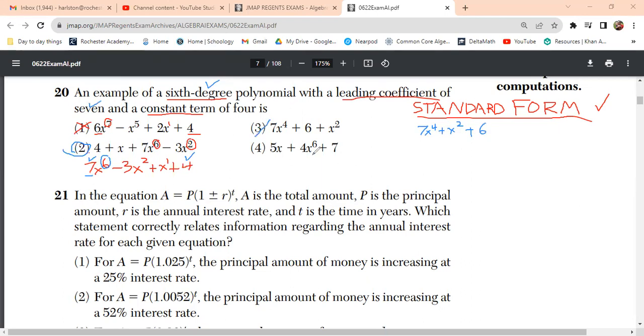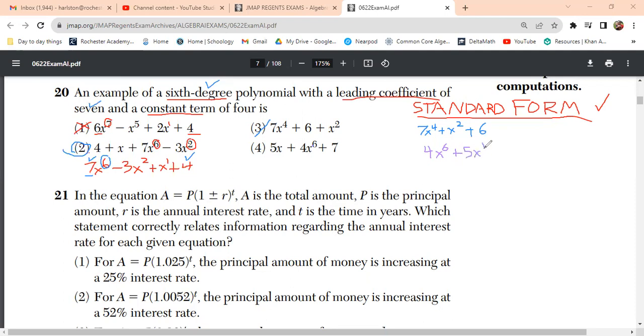We already know that. Now this one is not in standard form either. If we were writing it in standard form, let me get a different color here. Let's get purple. We would do this first, so it would be 4x to the 6th power, and then plus 5x.